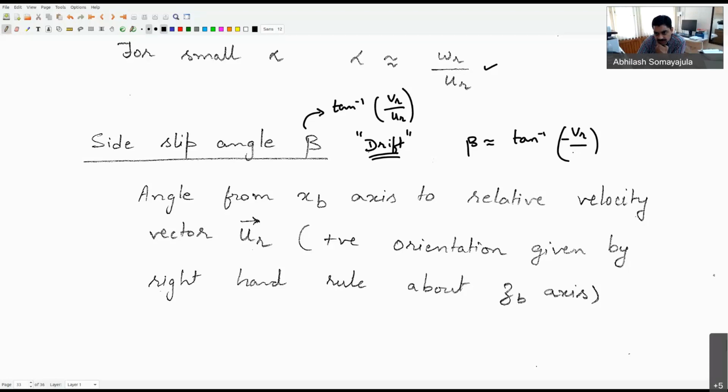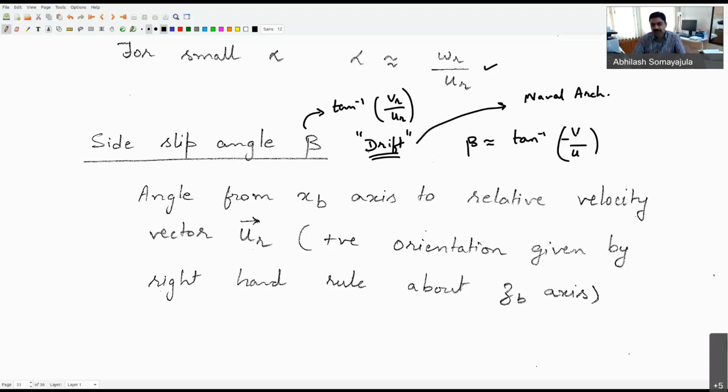So the drift and the side slip angle are slightly different. The main difference is the minus sign. That is the convention which is normally followed. The drift is what is normally followed in naval architecture terminology.